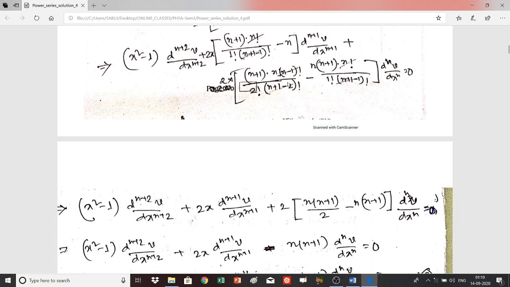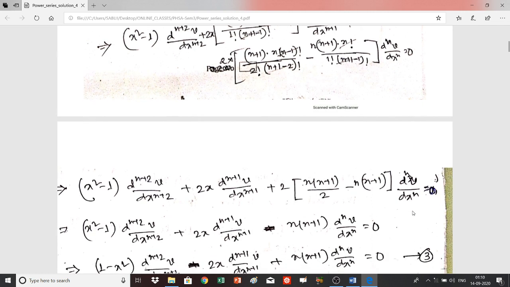So after simplification, it is written here n into (n+1) by 2 minus n into (n+1) d^n v by dx, and that is equal to 0.